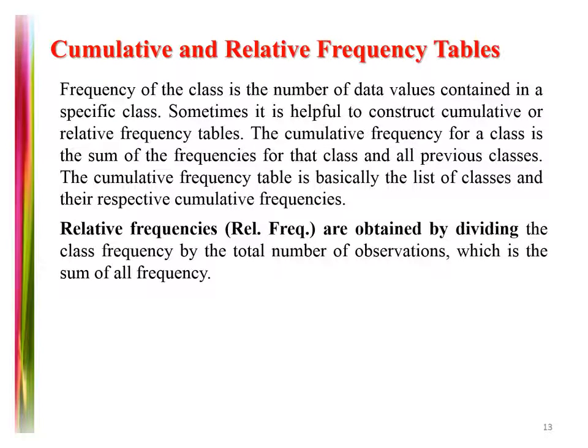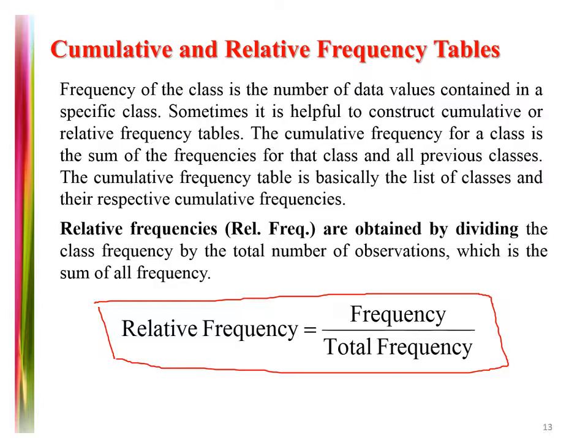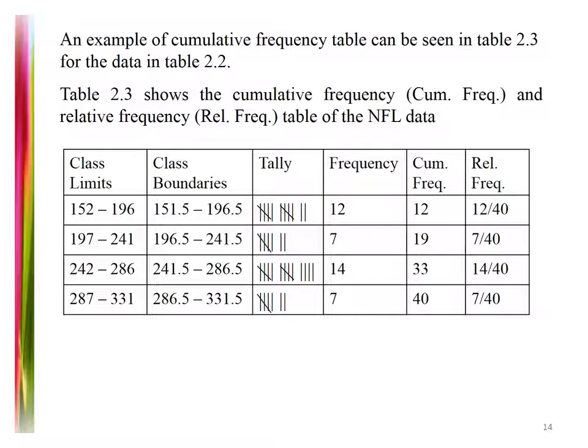Maybe later we will discuss the calculation. The relative frequency is equal to the frequency divided by the total frequency. And this is the example. The first cumulative frequency should be equal to the first corresponding frequency. The second cumulative frequency is equal to the previous cumulative frequency plus the corresponding frequency.